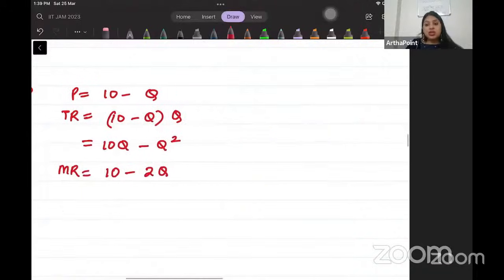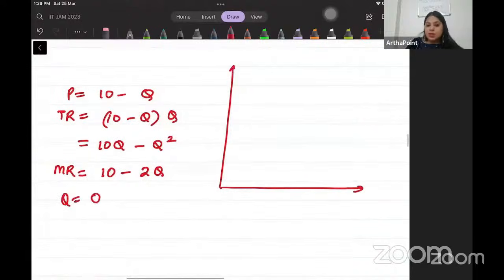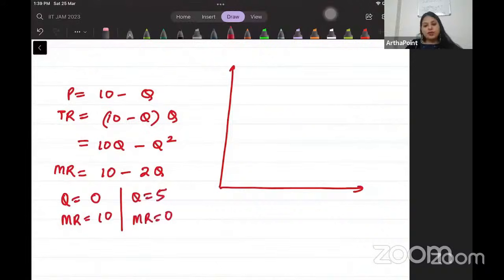This is my marginal revenue curve. So if I were to plot this, when my Q is 0, my MR will be 10. And when my MR is 0, my Q will be 5. So Q, O, MR. My MR is 10 here, and my Q is 5 here. This is my MR.